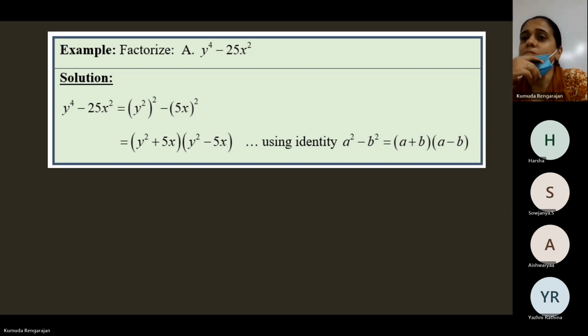Fast. Finished? Yeah. I want to finish the other lesson also.